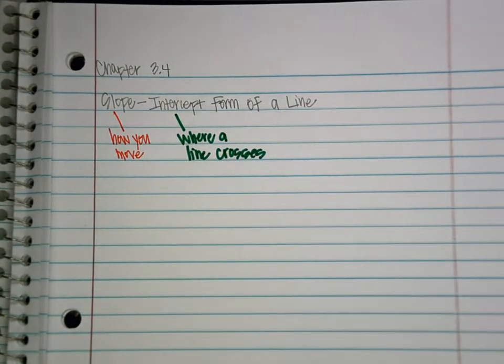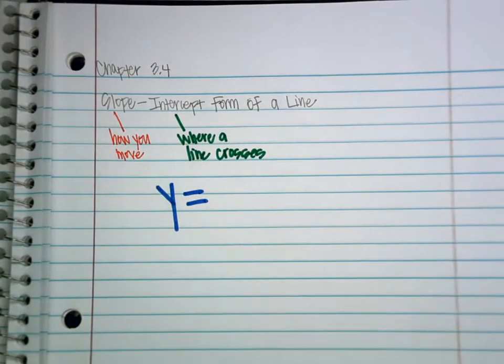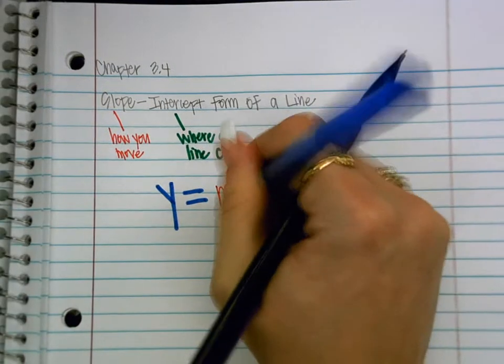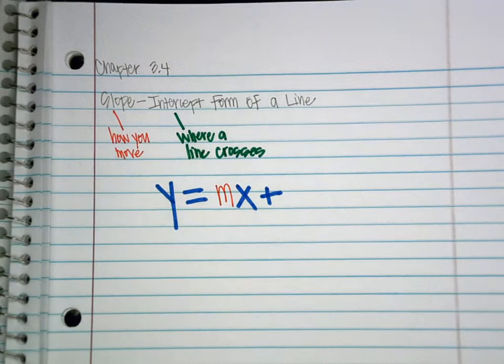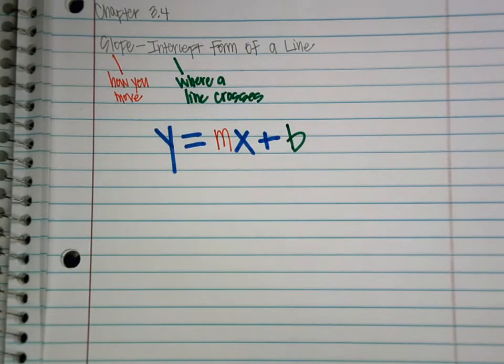What we're going to talk about today is slope-intercept form, which is talking about where a line crosses the y-axis. Slope-intercept form is y equals mx plus b.